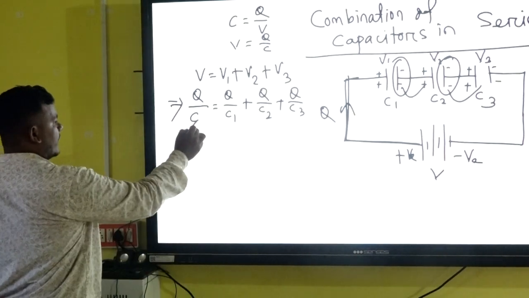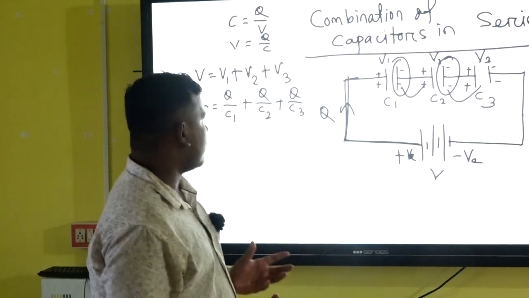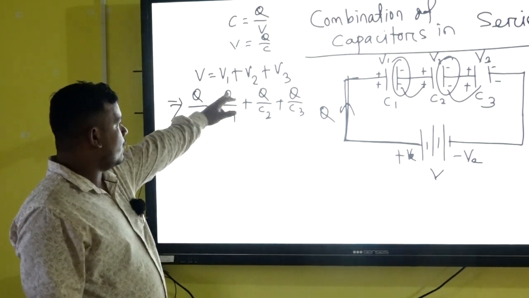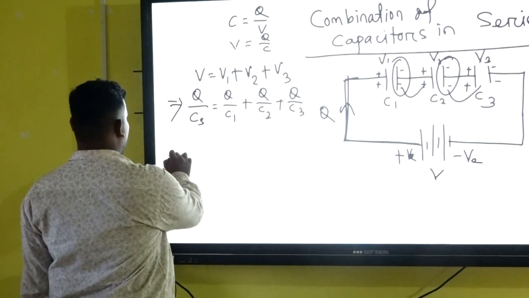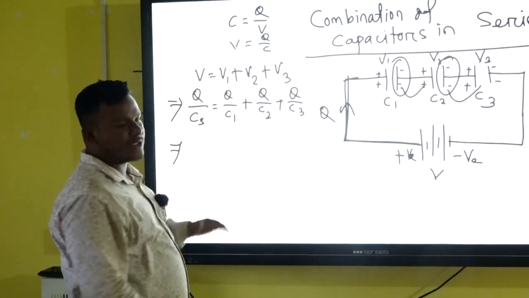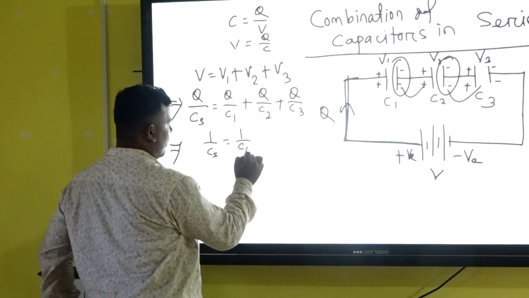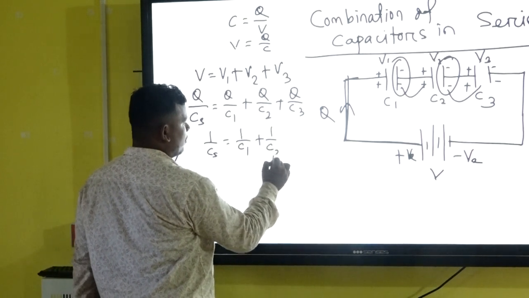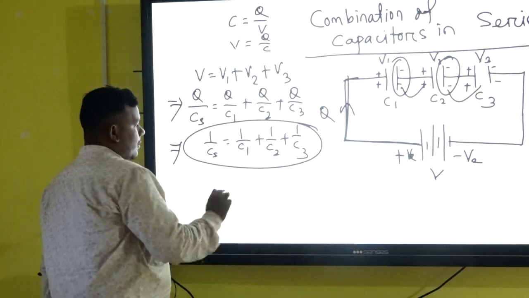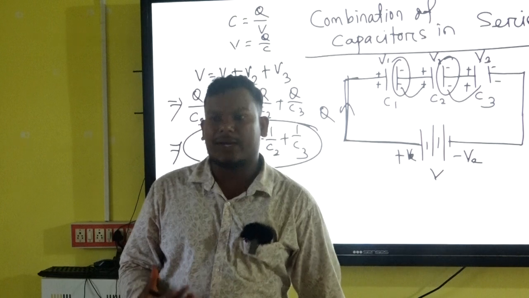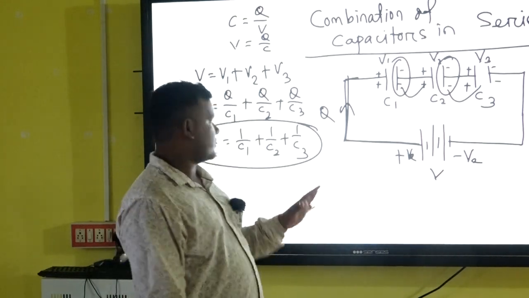I can write CS, S for series combination. Here Q is the same, so I can cancel Q from both sides, and the final answer is 1 by CS equals 1 by C1 plus 1 by C2 plus 1 by C3. This is the formula for equivalent capacitance in series combination of capacitors.